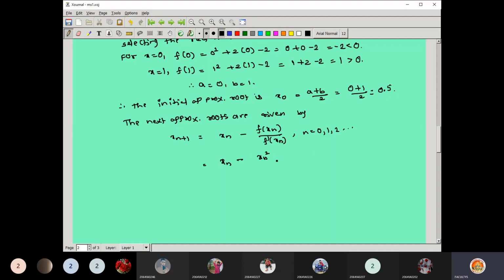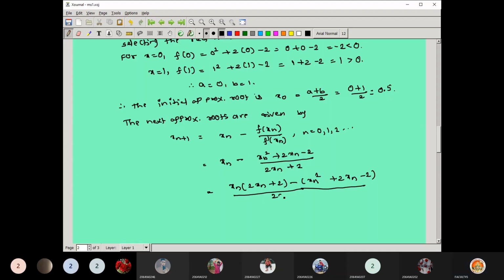So xn square plus 2xn minus 2. Total it is divided by the derivative. So the derivative of x square is 2x. So 2xn plus 2, the derivative of 2x is only 2 and the remaining constant is 0. So the simplification is xn minus of xn square plus 2xn minus 2, total divided by 2xn plus 2. Now you do the simplification.